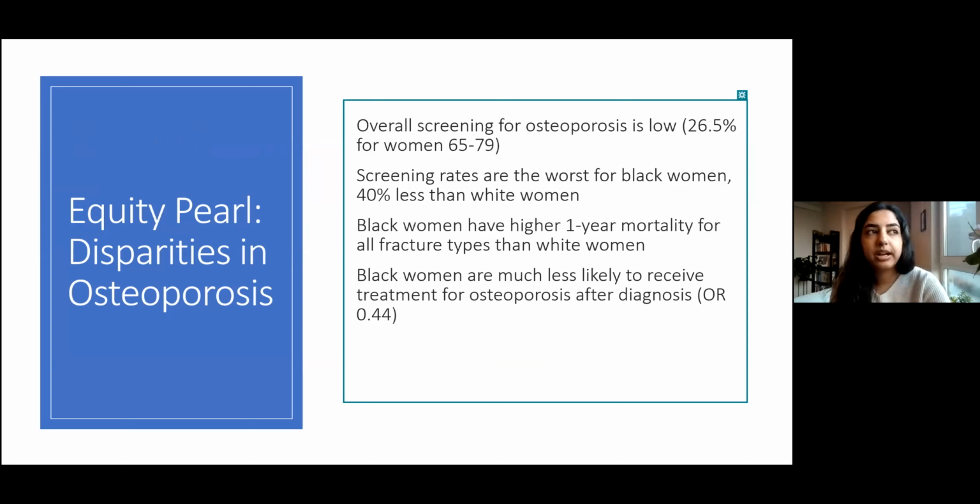Even though Black women are statistically less likely to fracture than white women, they have a much higher 1-year mortality when they do fracture. And then Black women are much less likely to receive treatment for osteoporosis after they're diagnosed. Less than half of Black women are offered appropriate treatment after they get osteoporosis.